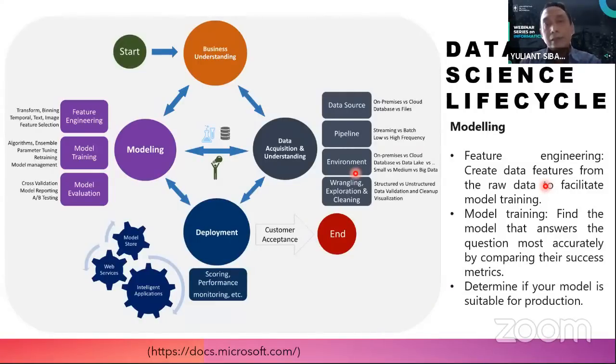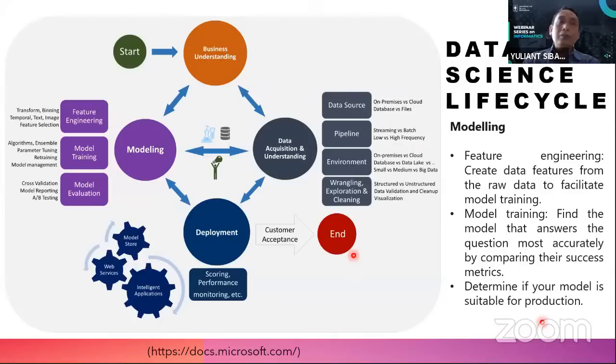In model training, we find the model that answers the question most accurately by comparing their success metrics. And the last is to determine if your model is suitable for production.